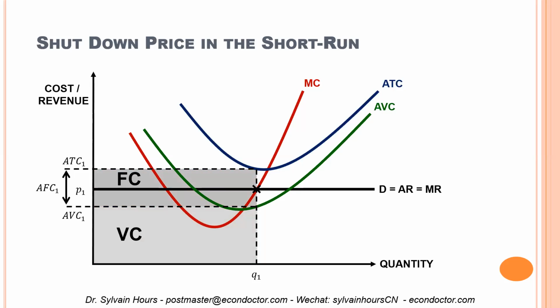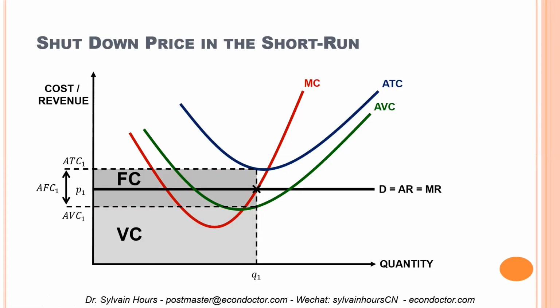I can further distinguish this total cost, which can be divided into my fixed cost and my variable cost. My total variable cost is just the average variable cost times the quantity. And the fixed cost is just the average fixed cost, which is the vertical distance between the AVC and ATC, times the quantity.